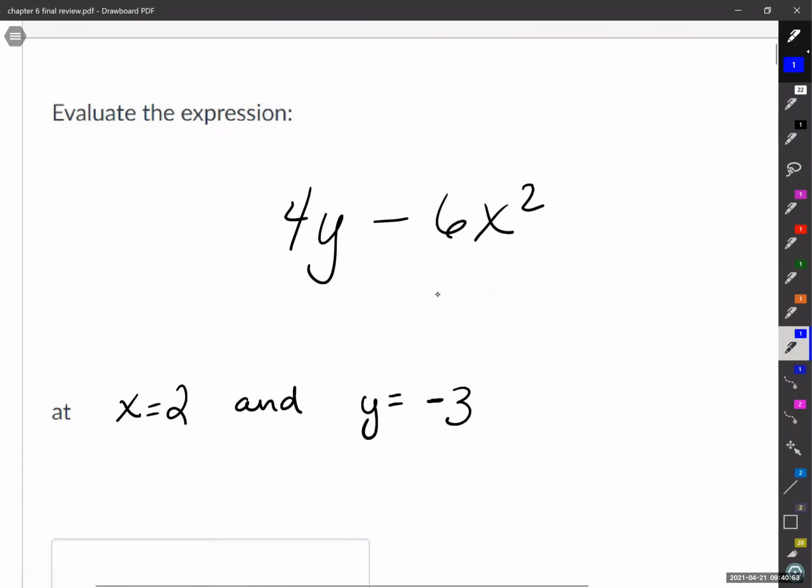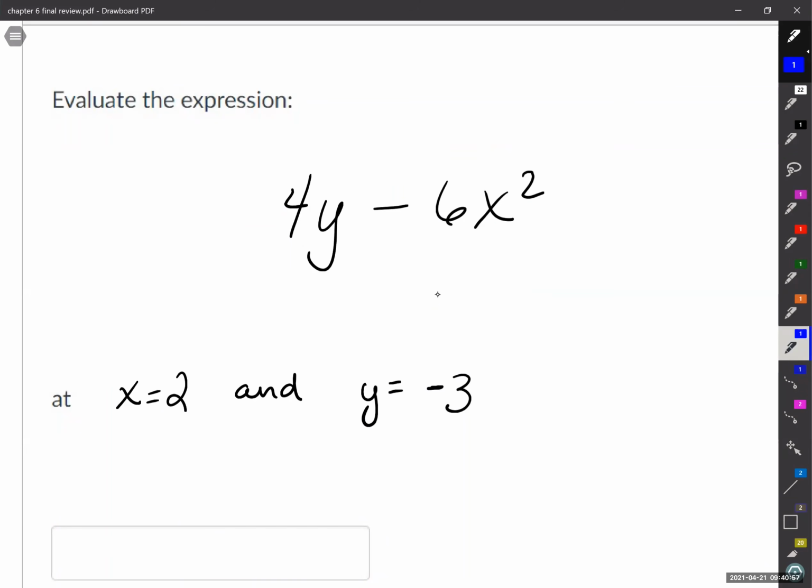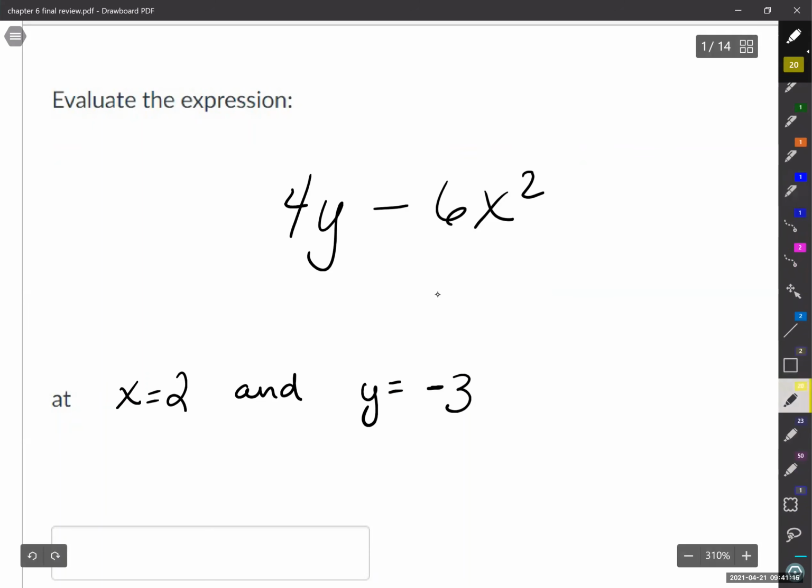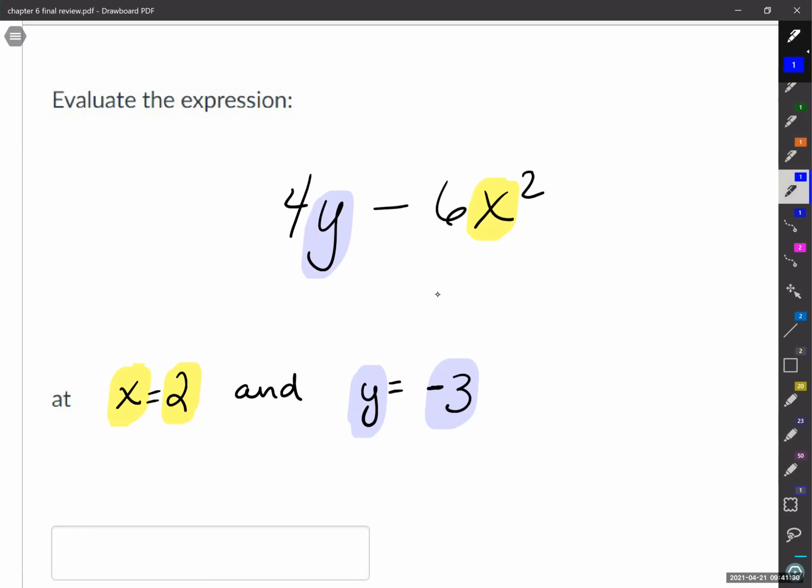Now continuing, if y'all would attempt this next one. Everywhere there's a y, we replace it with -3.